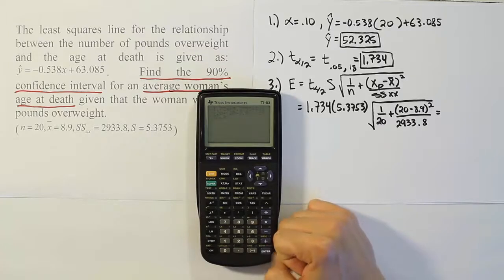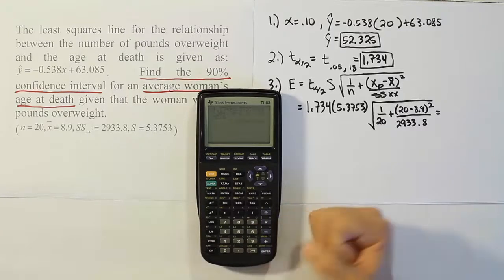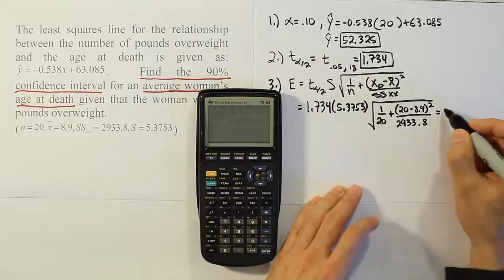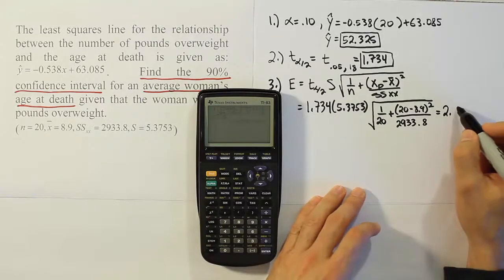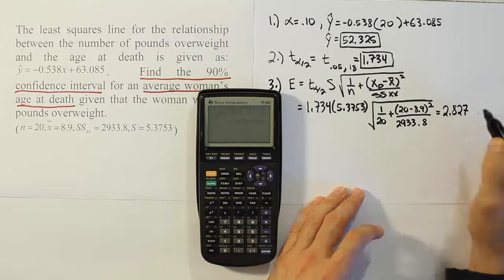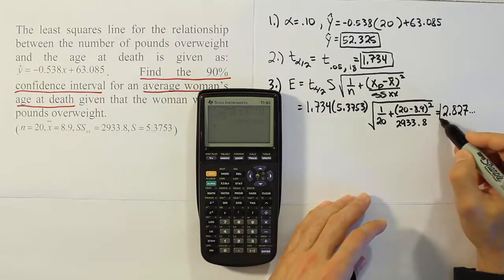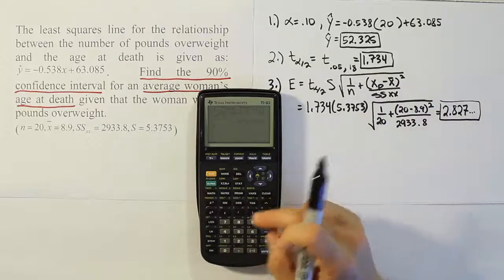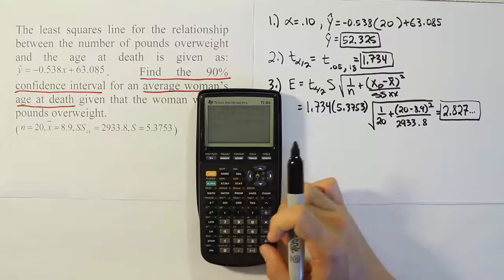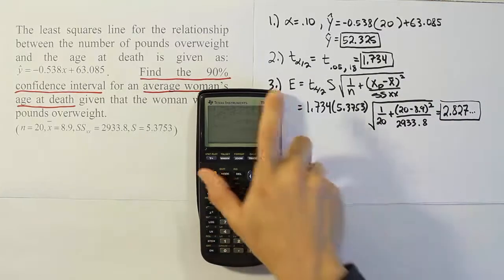When we work that out, we end up with the answer 2.827. It goes on and on, of course, but we're going to store that in our calculator for later use, so I'll hit store X. That way I don't have to worry about rounding it until the very end.